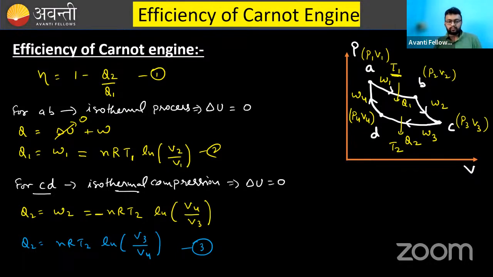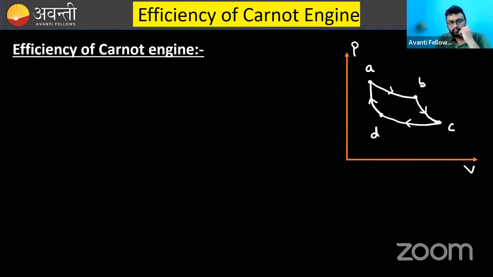I think it is clear till now. We have calculated Q1, we have calculated Q2. Now place these two values in equation 1. Okay, I'm placing the values. From 1, eta will be 1 minus Q2 by Q1.